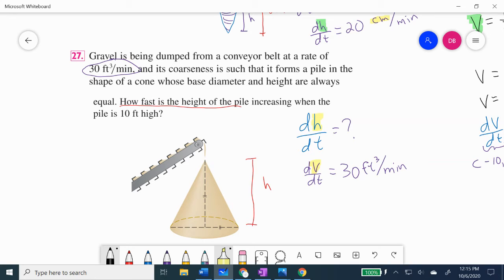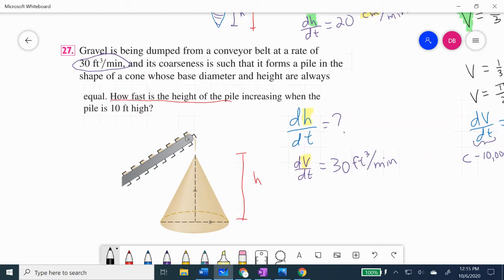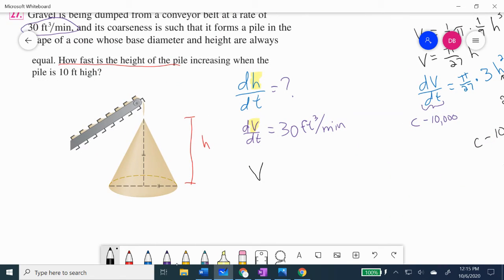So just like before, I have the formula for volume of a cone is 1/3 pi r squared h. But I'm only working with rates of change for the volume and the height. So I need to figure out what is the radius in terms of the other variables. Now, we were told that this magical pile has the base diameter equal to the height.